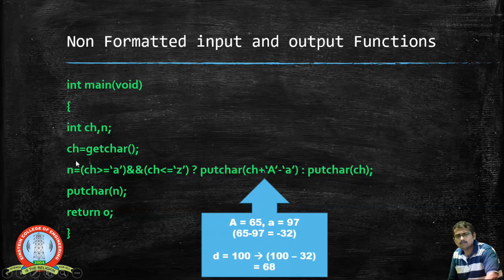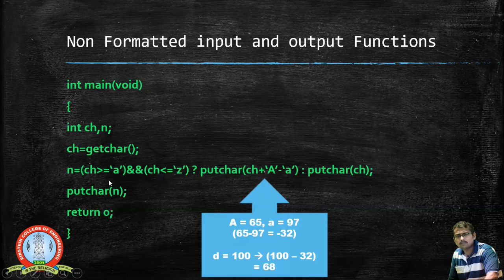But this ch is being declared as an integer. So the corresponding character, as we have seen previously, will be converted into the ASCII equivalent, and the ASCII equivalent will be stored here in this ch.